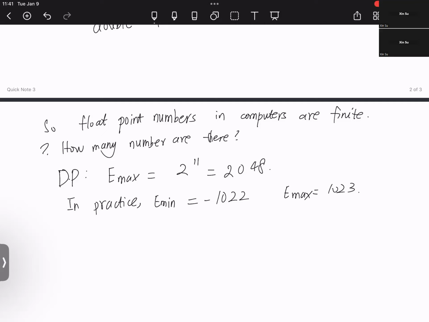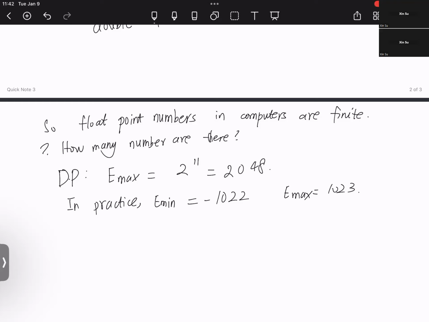What I mean is that for the 11-bit exponent, originally we have the range from 0 to 2048, but we shift this interval a little bit so that we can represent the exponents between negative 1022 and 1023.